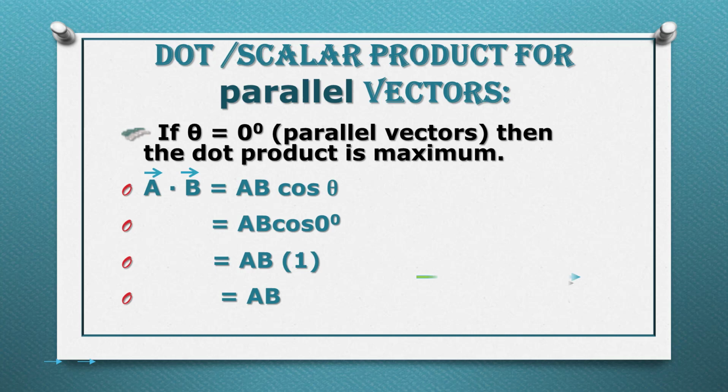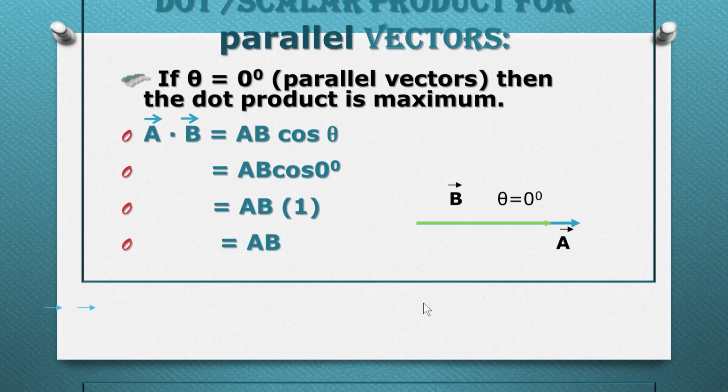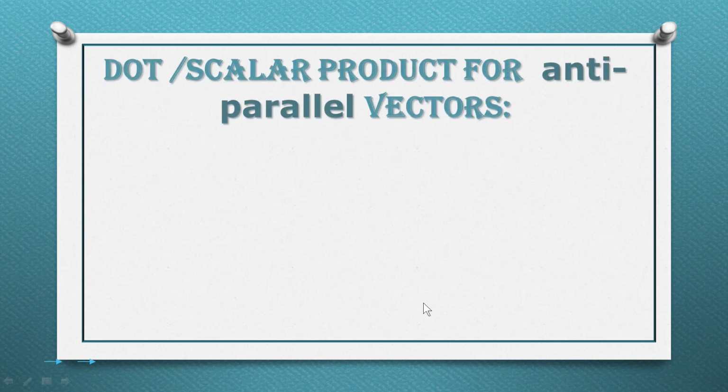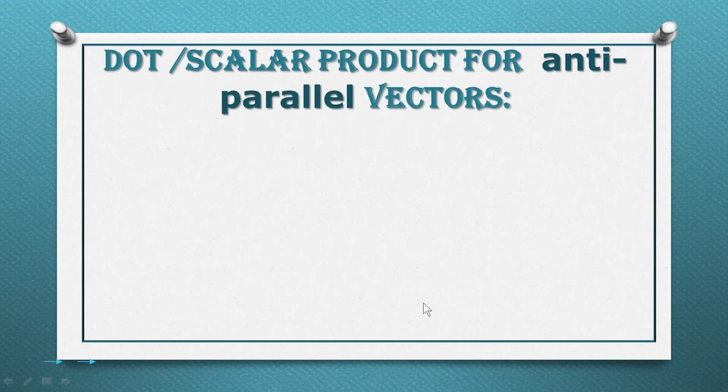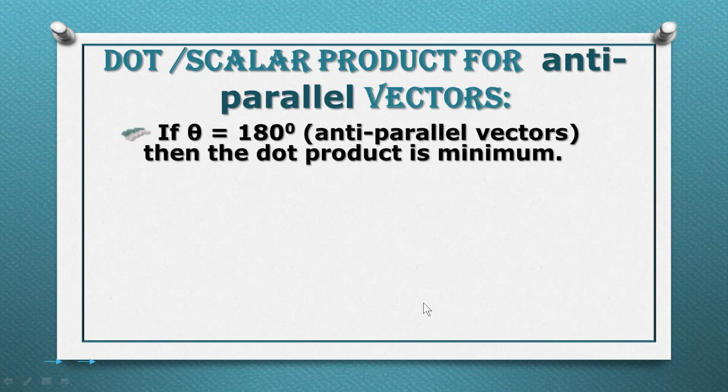Okay, now we have two vectors which are parallel to each other. So what will happen? The dot product will give us the maximum value, magnitude of A multiplied by magnitude of B. Okay, now if we have two vectors which are anti-parallel to each other, if theta is 180 degrees, anti-parallel vectors, then the dot product is minimum.